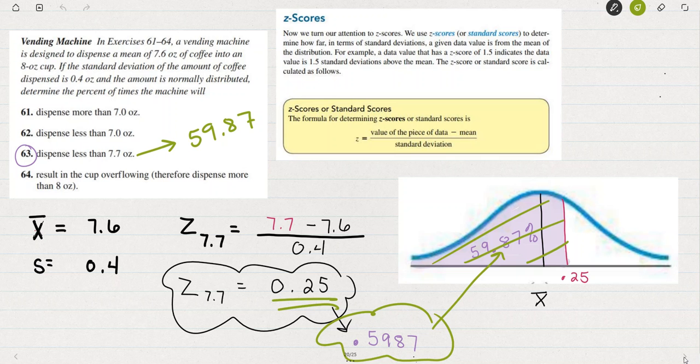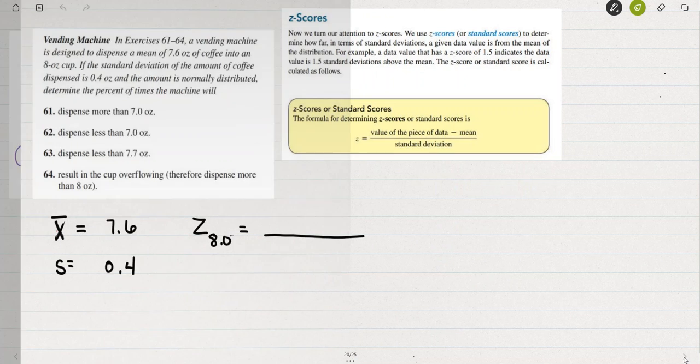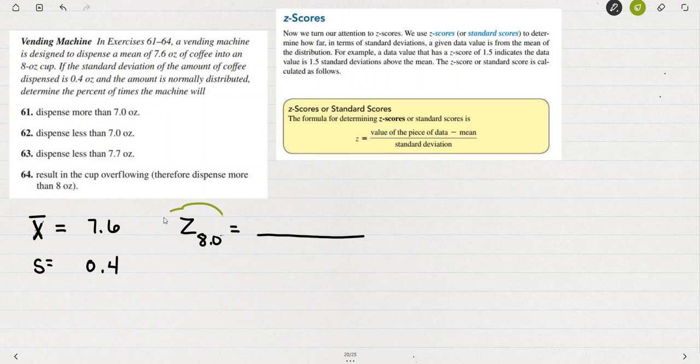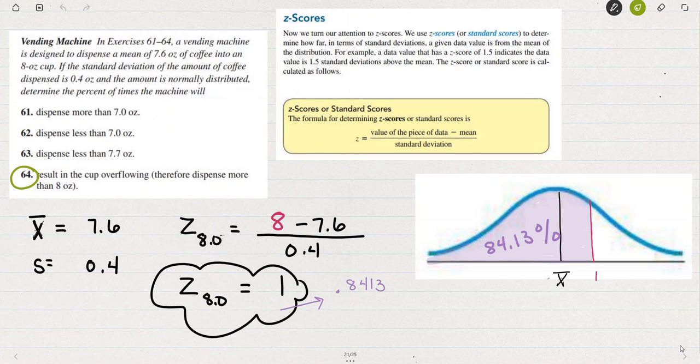We have one more question to answer, number 64, and for number 64, we need to start by finding the z-score for 8.0, or 8 ounces. When we replace the x with 8, then 8 minus the mean 7.6, divided by the standard deviation 4/10, gives us a z-score of 1.